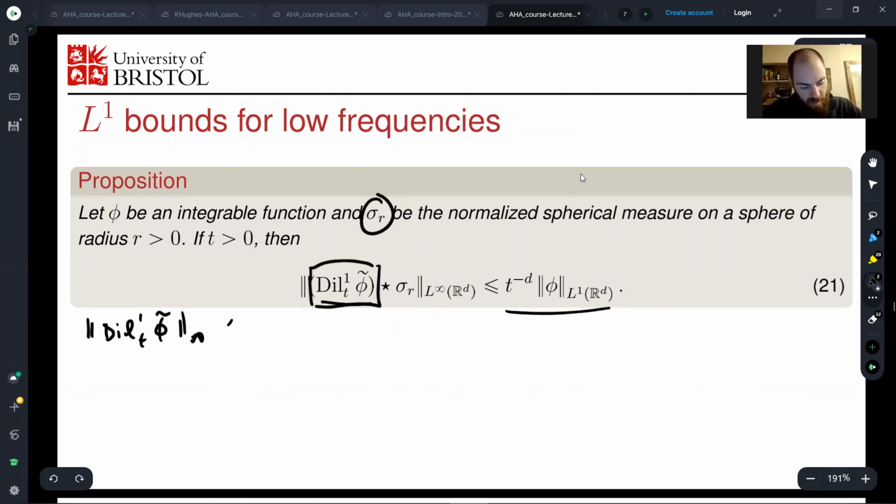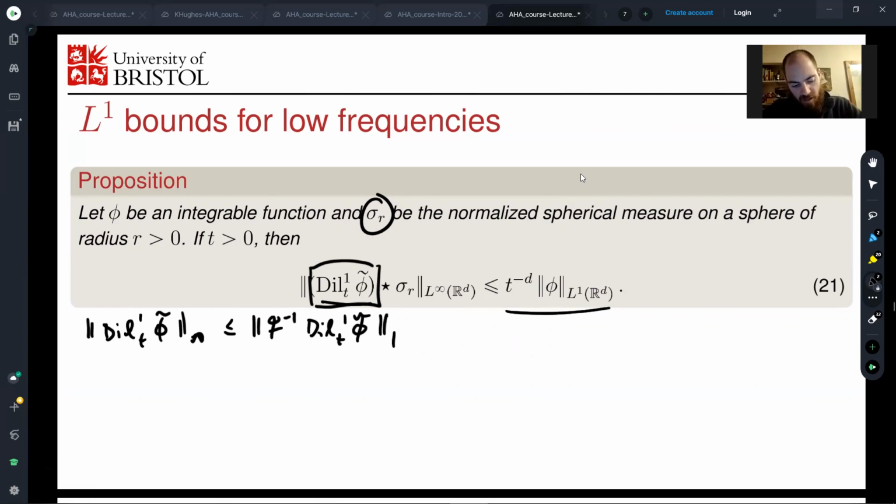And that is done by looking at the Fourier transform in L1. And I use the intertwining property of the dilation operator now.